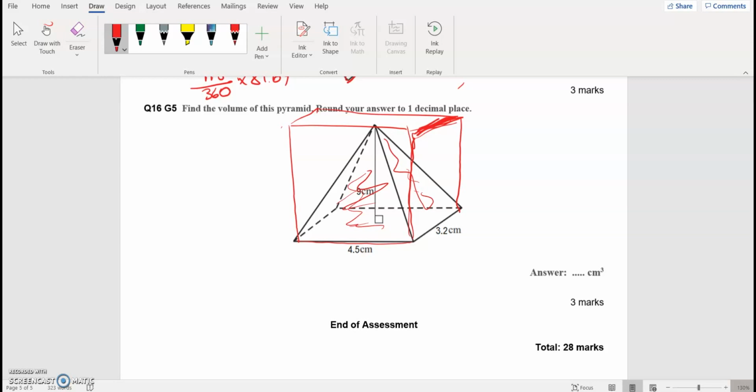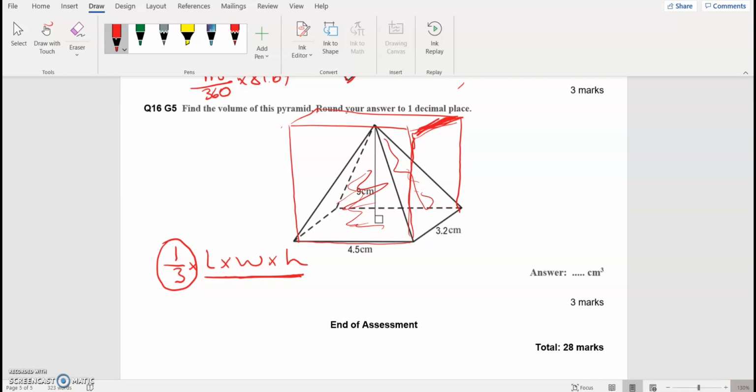So the formula for the volume of the pyramid is 1/3 times length times width times height. So this is the formula for the cuboid. You just need to put 1/3 in front, or work out length times width times height and then divide it by 3. It's the same thing.